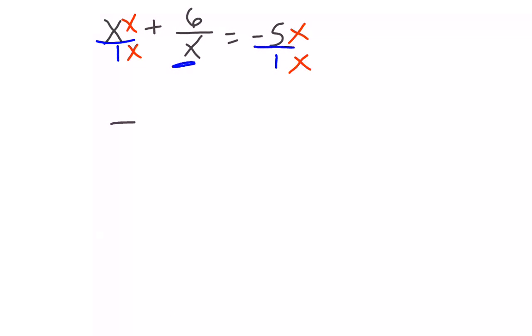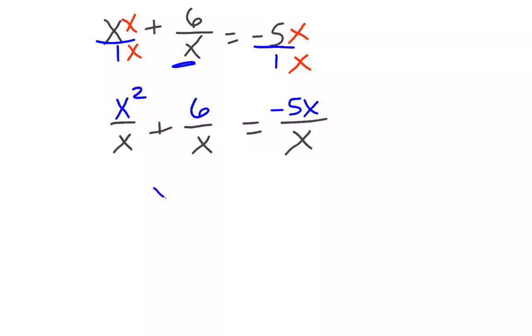Write down your denominator, so something over x plus something over x equals something over x. Simplify your numerator. So x times x is x squared. That just stays 6, and this is negative 5x. So if we just write out our numerator, that would give me x squared plus 6 equals negative 5x.